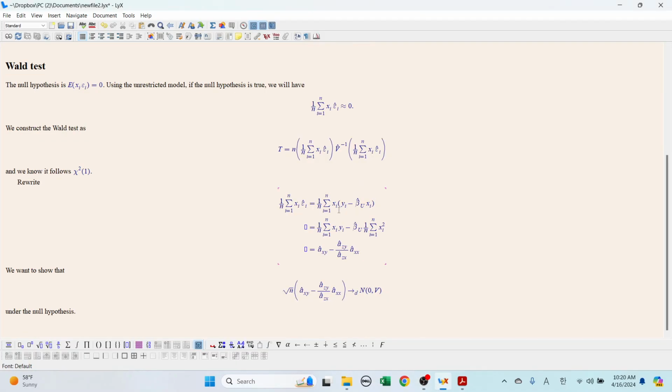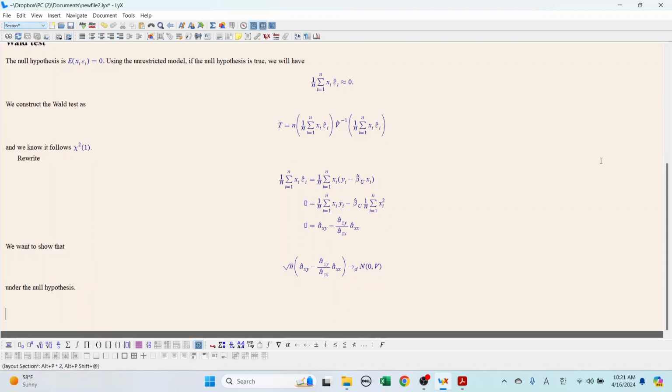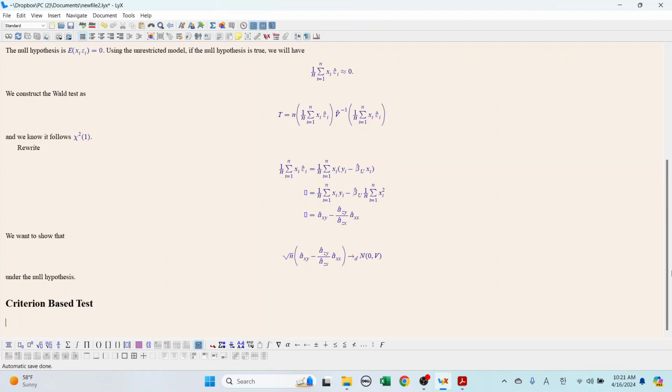Okay, next, we are going to think about the J-test, the criterion-based test. In the criterion-based test, remember, we will think about the unrestricted minimum. Let me put it this way.